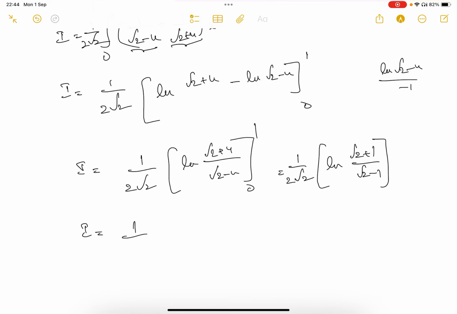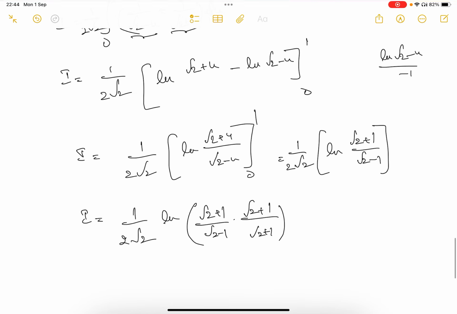So let's try to make it a more simplified version. 1 by 2 root 2 into ln of root 2 plus 1 by root 2 minus 1. Let's rationalize the denominator. So this will be 1 by 2 root 2 into ln of root 2 plus 1 whole square, right? By this will be 1, right?